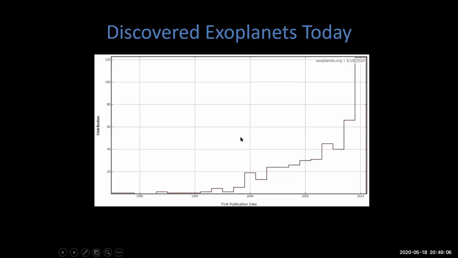Here is kind of the rate of publication, right? So around 1990, we get our first planetary discoveries, and then it just ramps up when Kepler gets around.